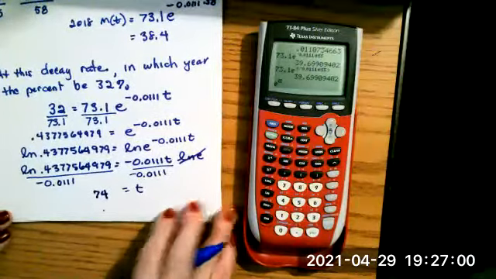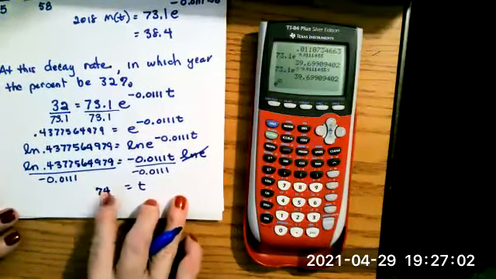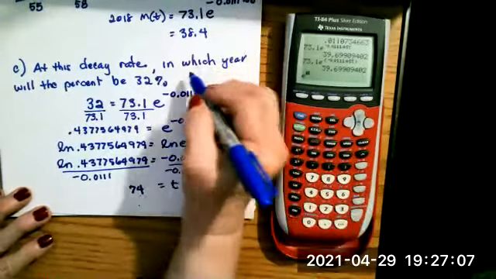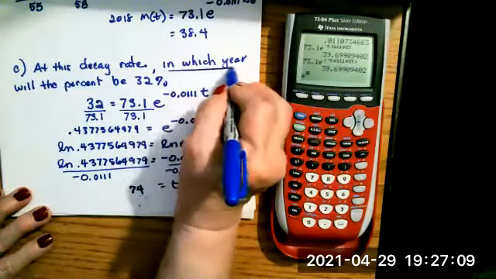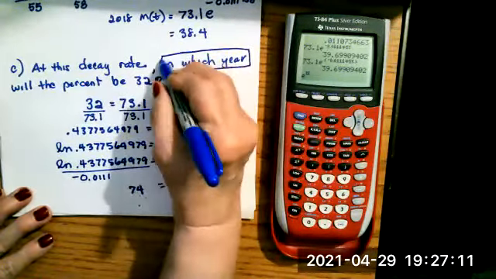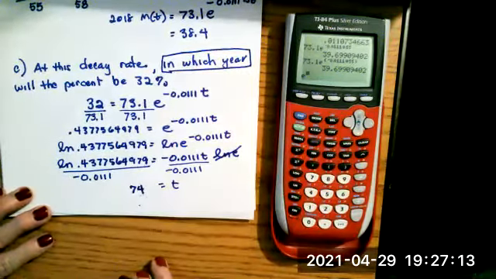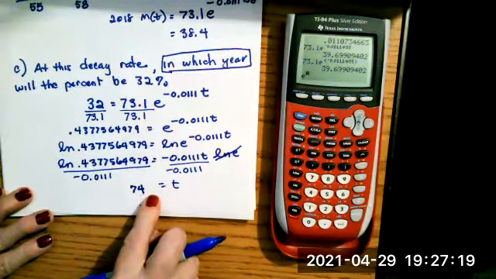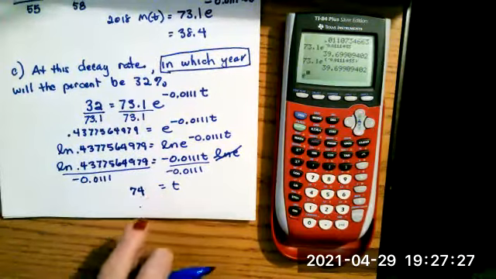Now you have to watch your question. On the test, this one's not going to say how long, it's going to say in which year. So you are not finished here. You've got to decide in which year it will be at 32%. So you've got to know what your initial year was. Go back to your little sheet.